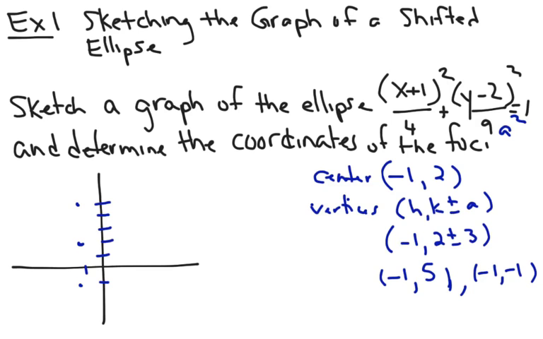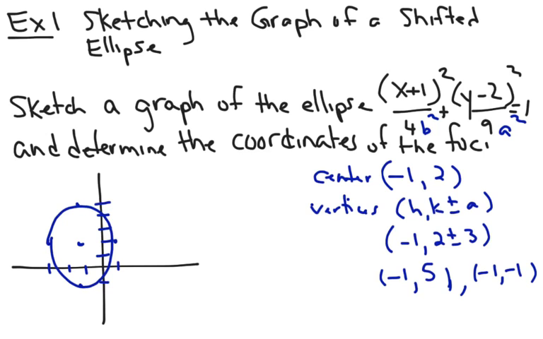Absolutely, so we must have done it correctly. Then, if what's under y is a squared, then what's under x must be b squared, so b is 2, so I need to go 2 units to the right and 2 units to the left in order to draw my ellipse. All right, there's my ellipse.